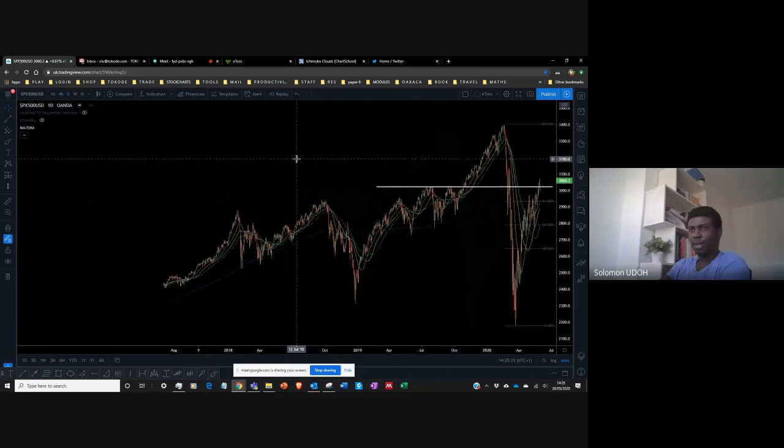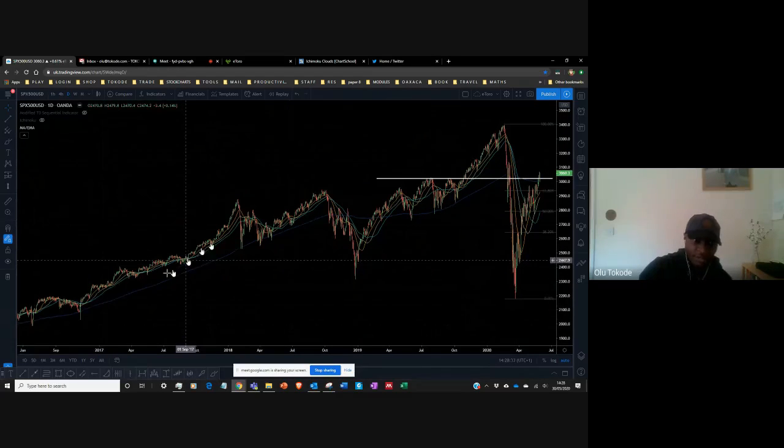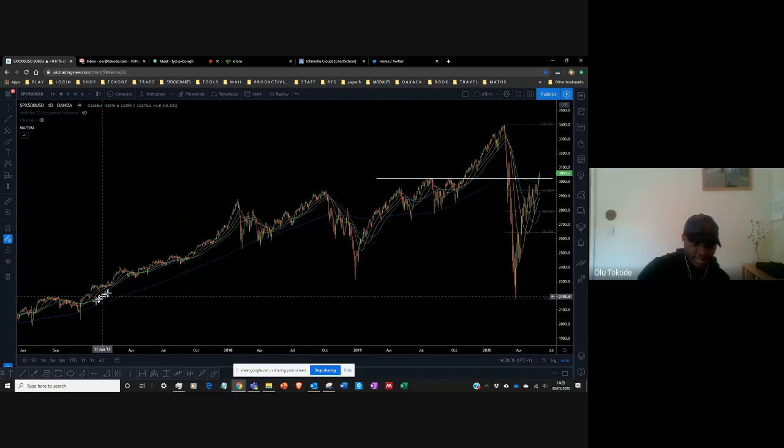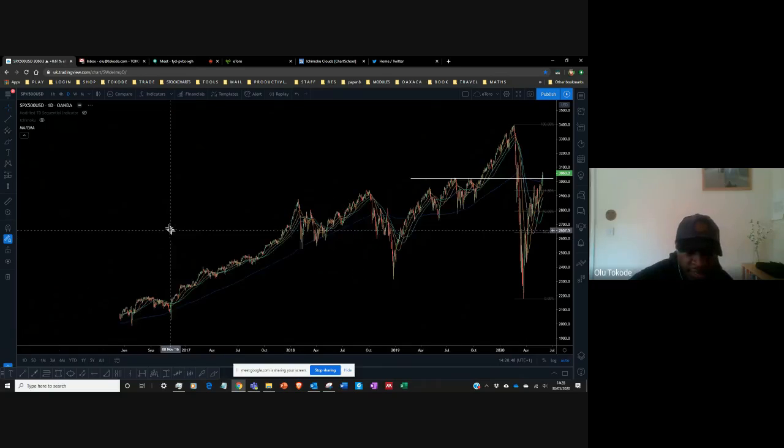When you have a trend, you're going to have these three moving averages in parallel, and the space between them should be even. It's not always going to be equal, it's going to be even.